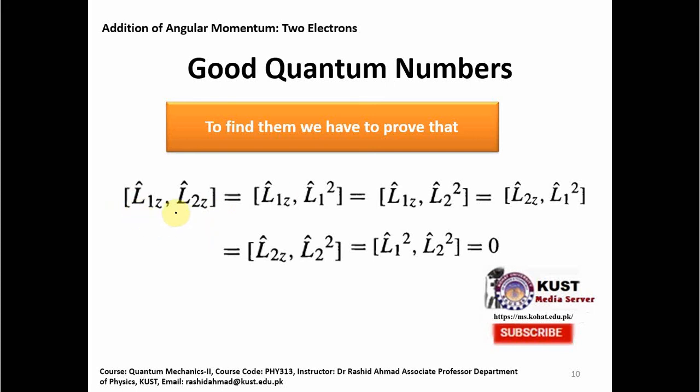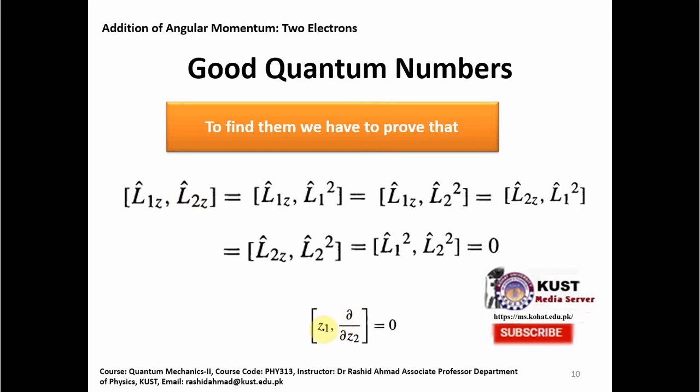For example, in the first commutation relation, here is L1Z and L2Z, so they are completely independent of each other. If you remember the formula for L1Z, that was a partial derivative. So a partial derivative acts on something where this coordinate is not involved, because they are totally independent coordinates. Therefore it is very simple to see that this commutation relation will be equal to 0 because of this property.